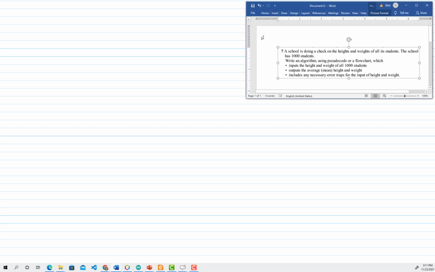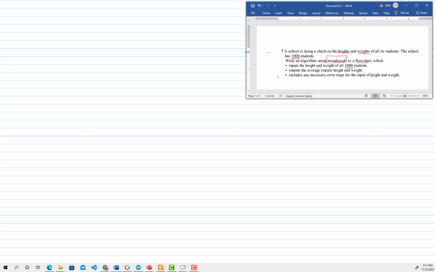Here we have a problem: a school is doing a check on the heights and weights of all its students. The school has 1,000 students. Write an algorithm using pseudocode or a flowchart, and we are going to use pseudocode, which inputs the height and weight of all 1,000 students.